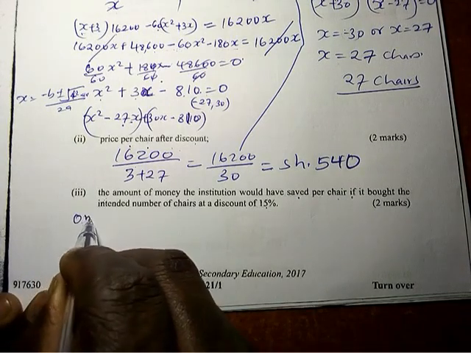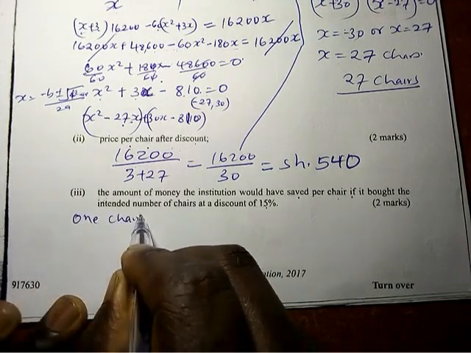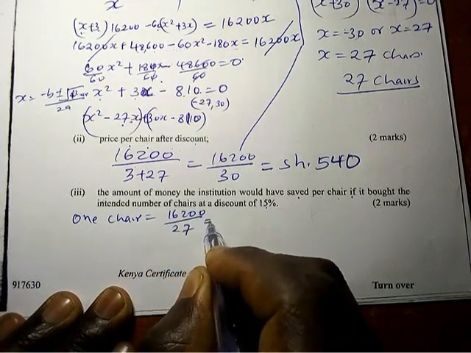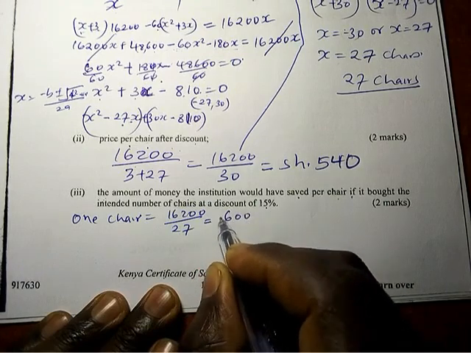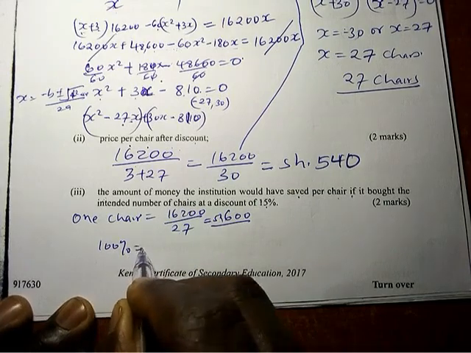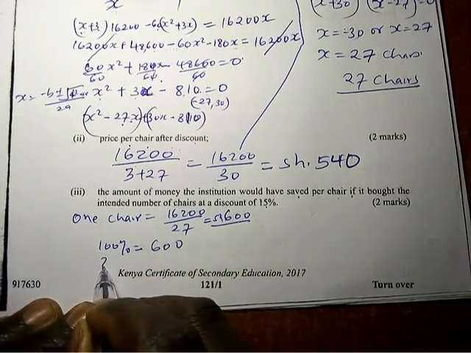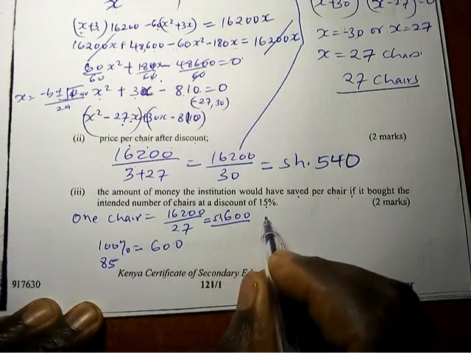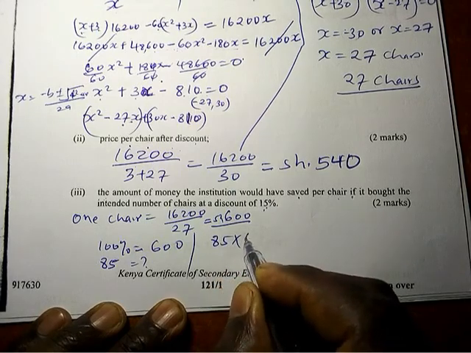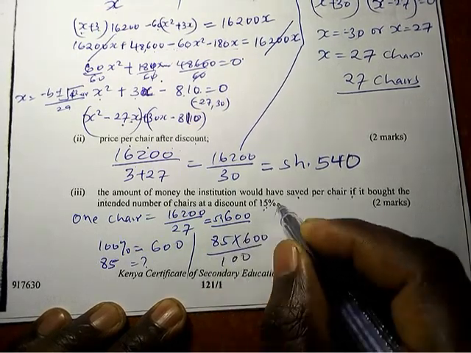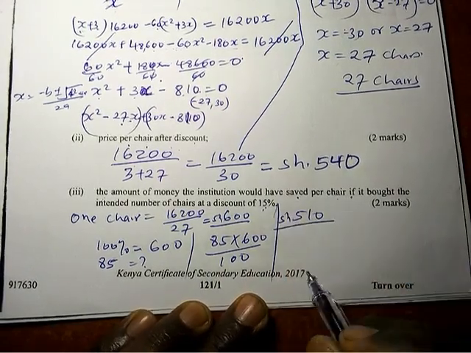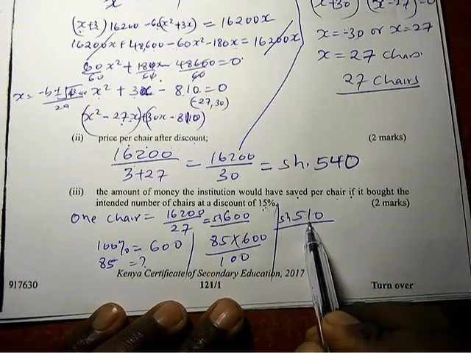So one chair without the discount is 16,200 divided by 27 chairs, which is shilling 600. So 100% is equal to 600. If they were given 85%, 100 minus the 15 discount, what would it be? It would be 85 times 600 divided by 100, and that gives us 510 shillings. So with the 15% discount, they would pay 510 per chair.